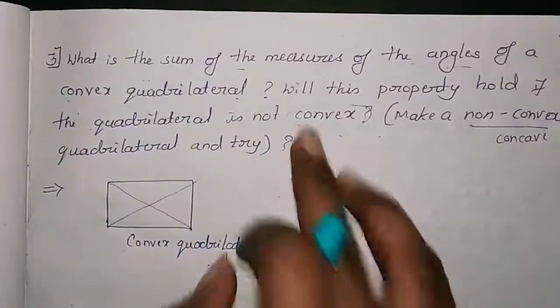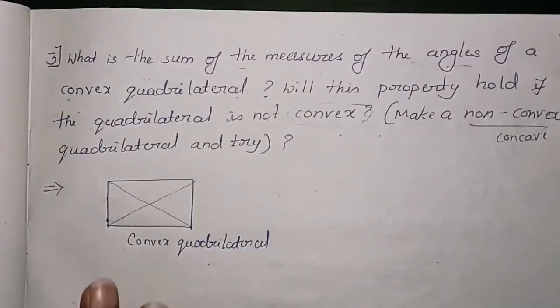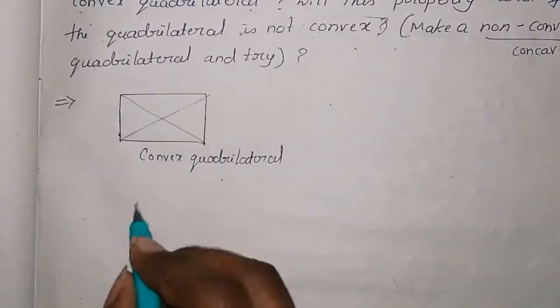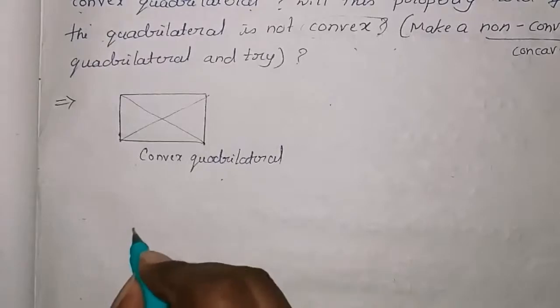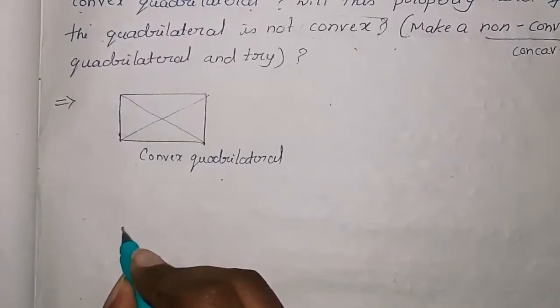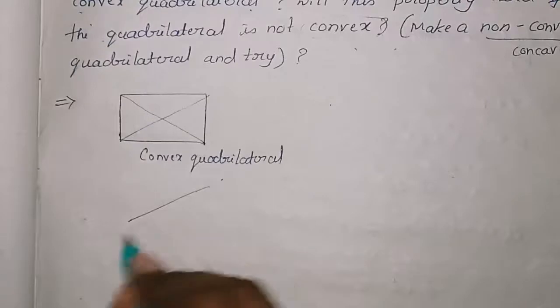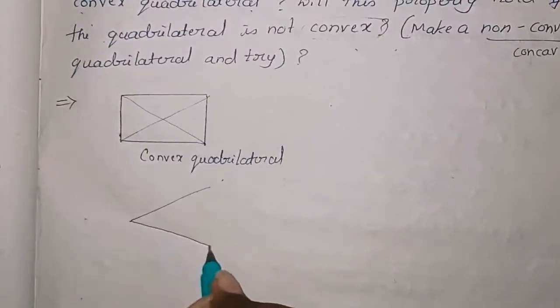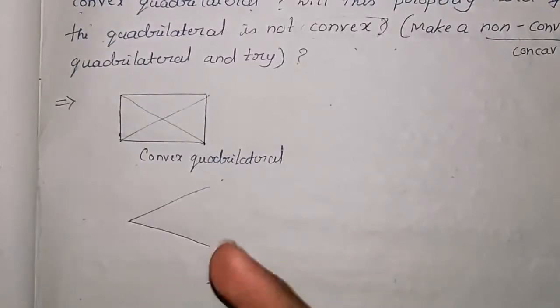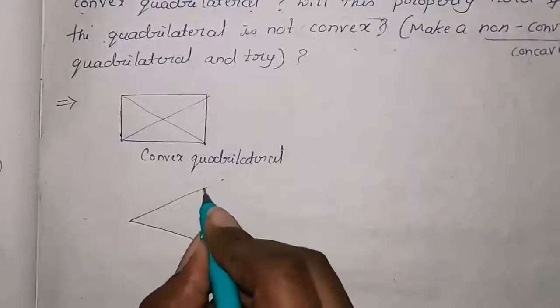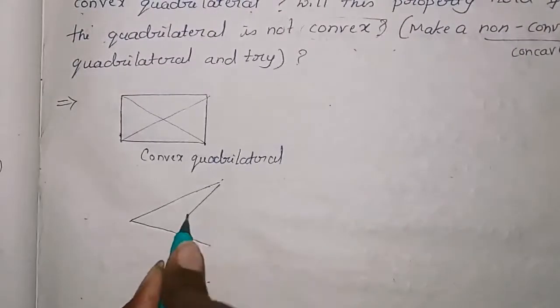Another one: will this property hold if the quadrilateral is not convex? If it is not convex, it is a concave quadrilateral. So we'll draw a concave quadrilateral also, one of the examples we observed previously. If the diagonals formed are outside, then it is called a concave quadrilateral.